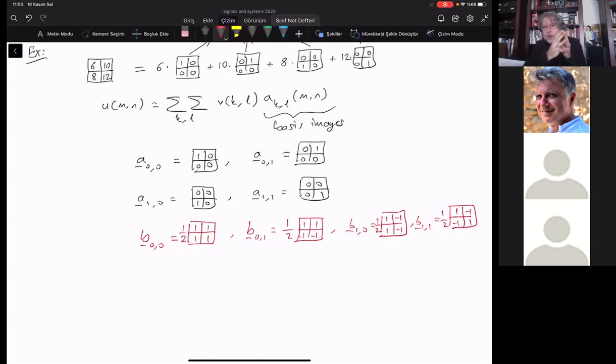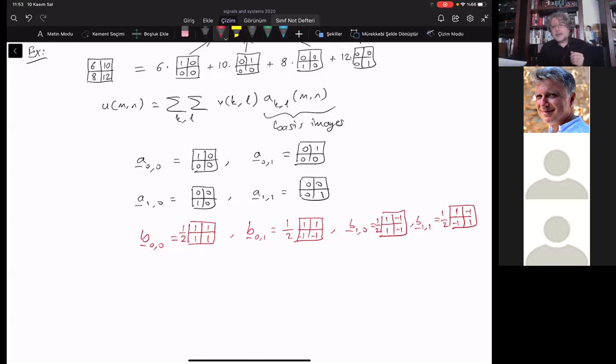I multiply all 4 of them. Each of them will be 1/4. I will add them up, and it will give me 1. The square root of it will also give you 1. So it's the Frobenius norm, the norm of this B0,0 and B0,1 and B1,0 and B1,1. They are all 1. They are unit norm entities.